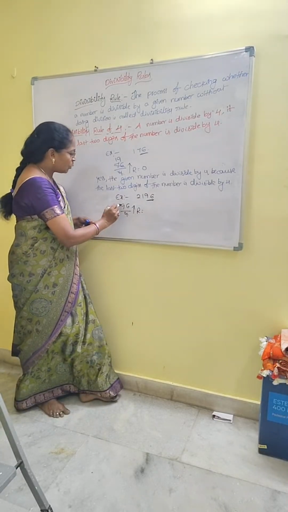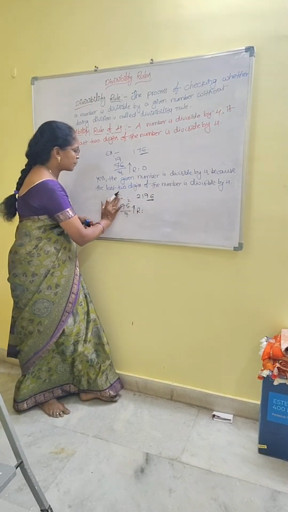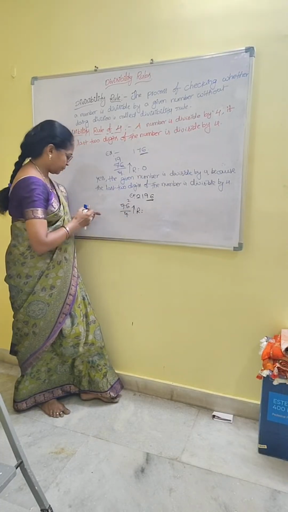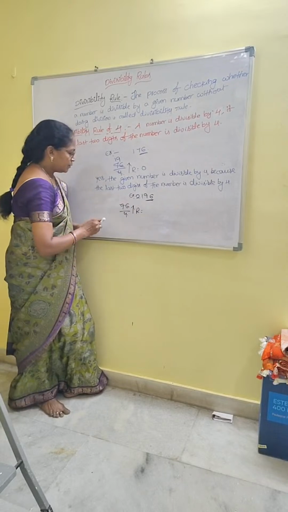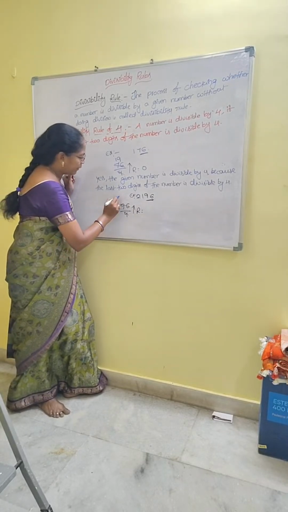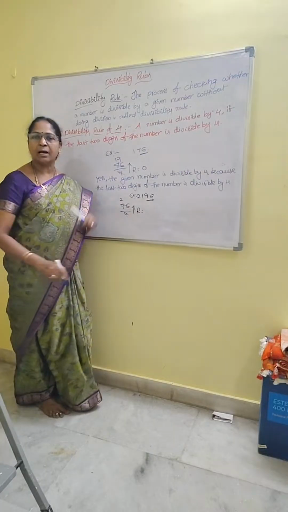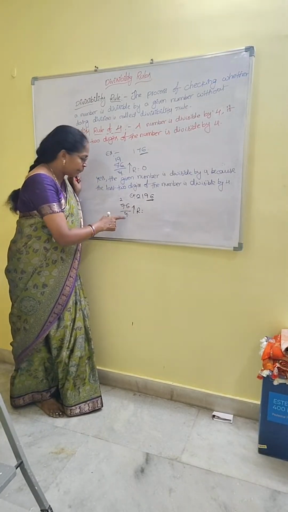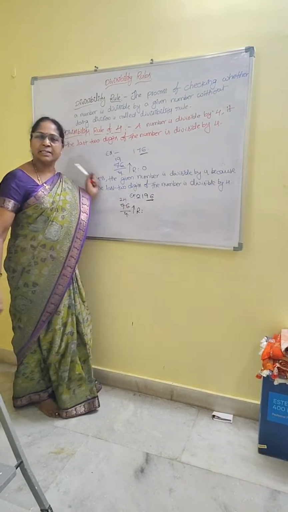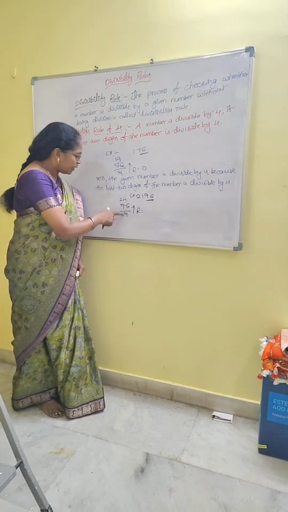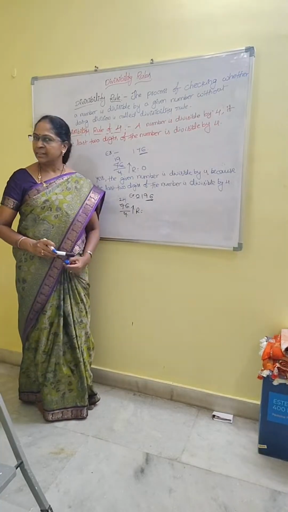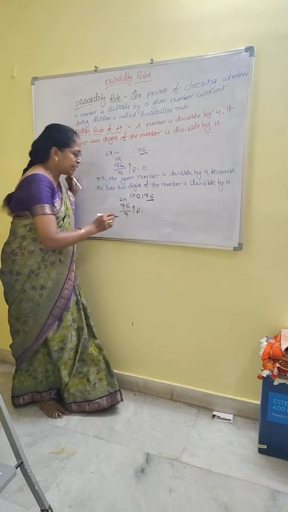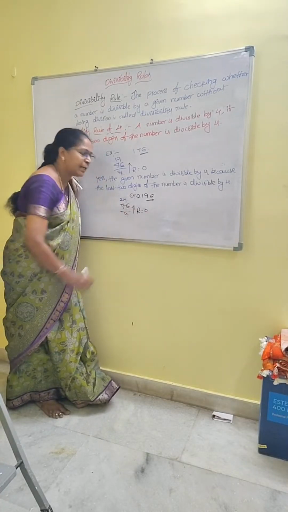4 goes in 9 two times. 4 twos are 8, and 1 is the balance. Then 16; 4 fours are 16. That means 24 times 4 is 96. So 4 divides 96 exactly. How much remainder are we getting?